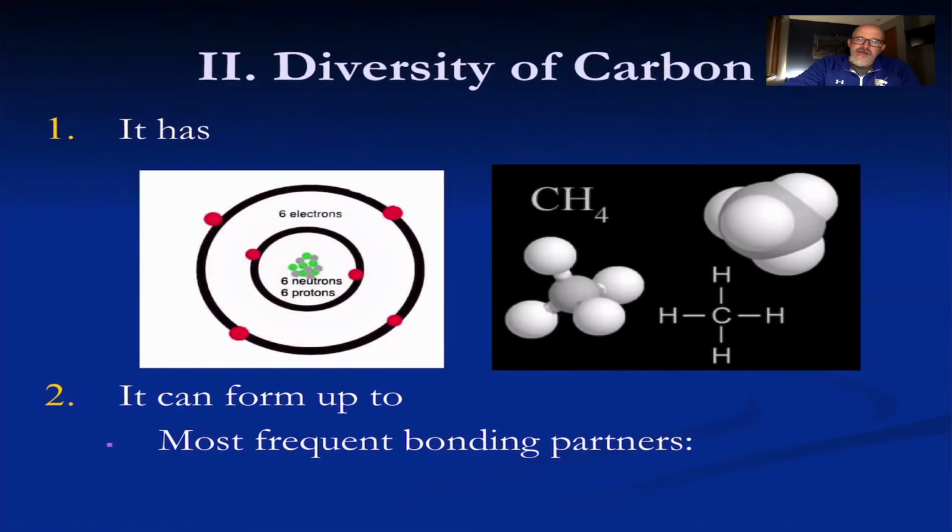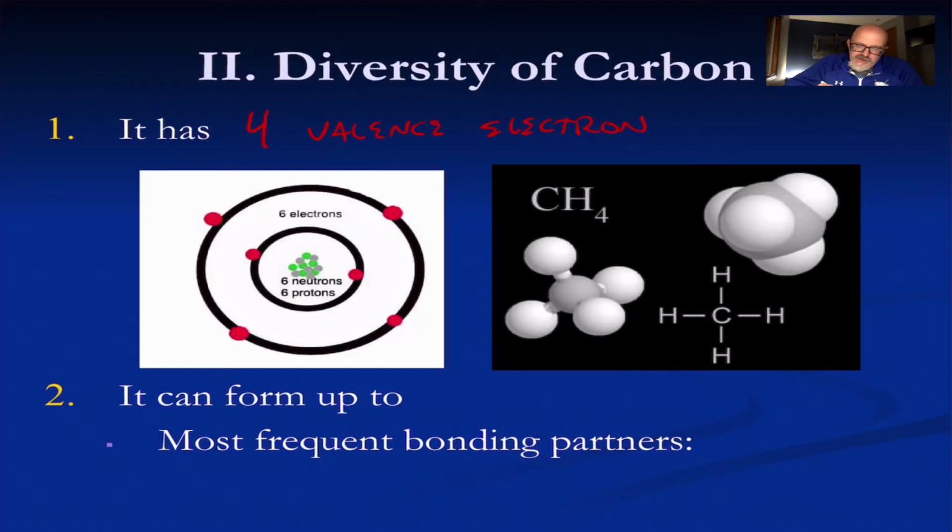Now, as we look at these different things, hopefully you remember this. If you don't, you can bust out your periodic table. But something about carbon that makes it so cool is that it has 4 valence electrons. Now, if you don't remember what a valence electron is, the valence electrons are the ones that are in the outermost orbit of the element.